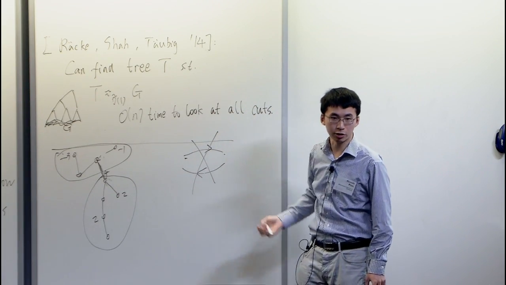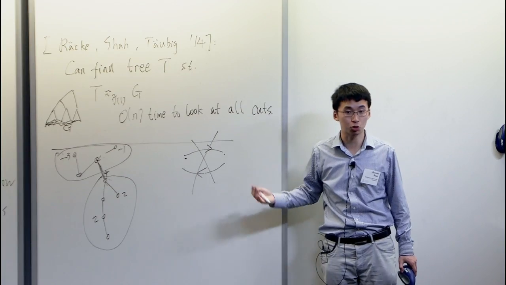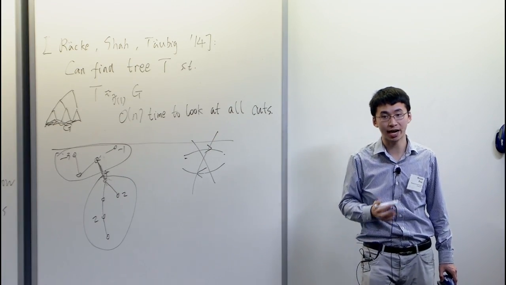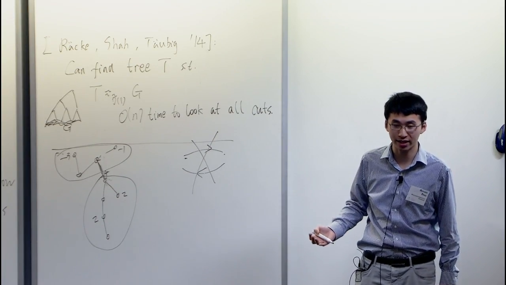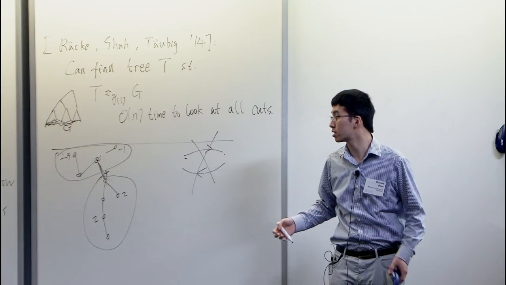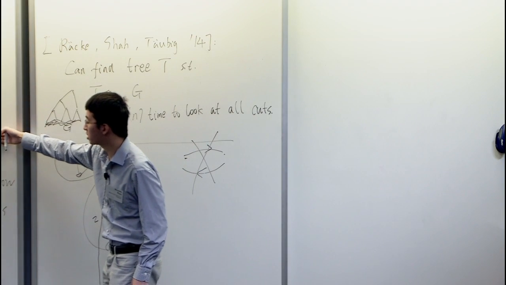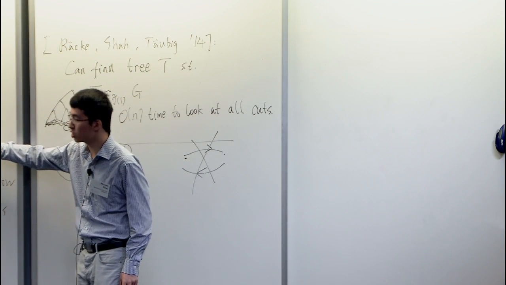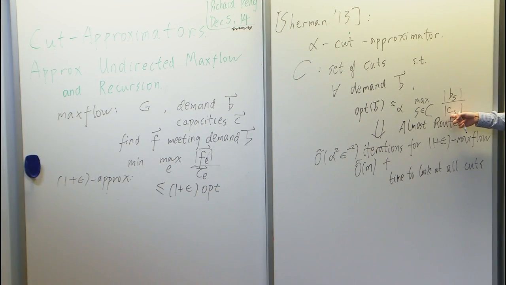And this is the cut approximating family for the tree. This evaluates min cut and max flows for a tree exactly, because once we have this flow, we can just evaluate this quantity. This is the amount of flow along the edge, and this is the capacity.